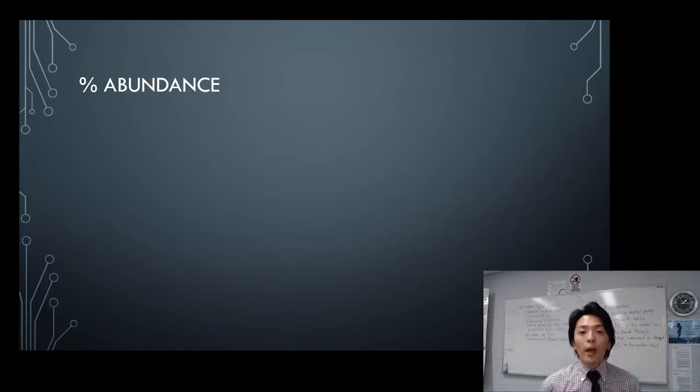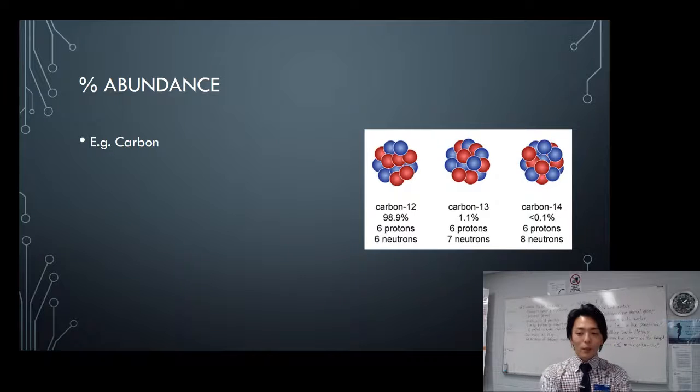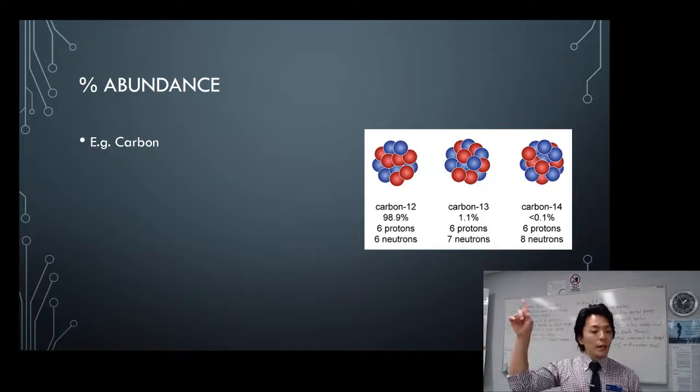Now, this mass number for each element can be figured out by looking at the percent abundance of isotopes. For example, carbon. Now, we've been using carbon as an example quite a bit. So on here, you can find carbon-12 having 98.9%, carbon-13 1.1%, and carbon-14 as 0.1% or less than 0.1%.